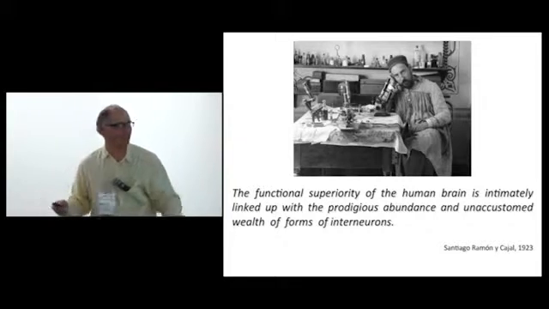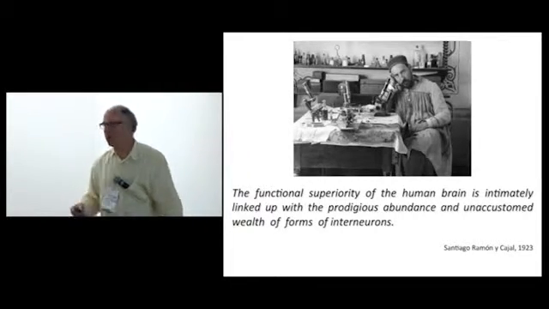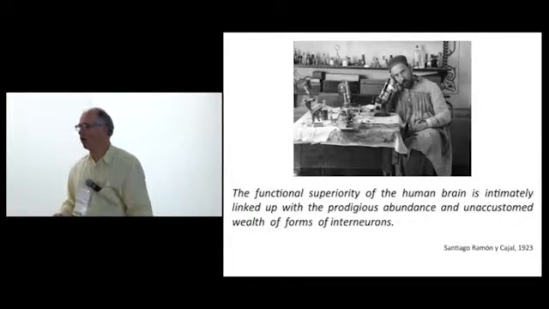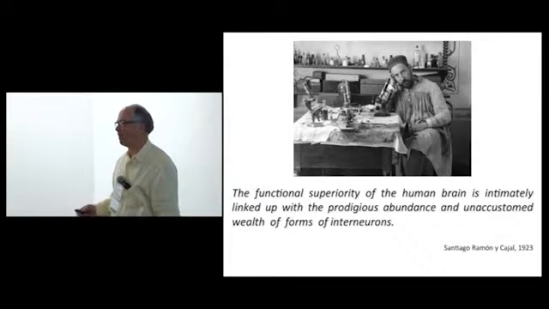What does that mean? Well, at least in part, if you want to simplify it, really he was talking about the interneurons. So Cajal, who was certainly the master of morphology, looked at brains of everything from rabbits to squirrels to dogs to humans. And an obvious question was, what made us special?